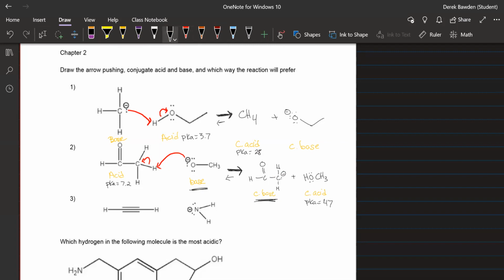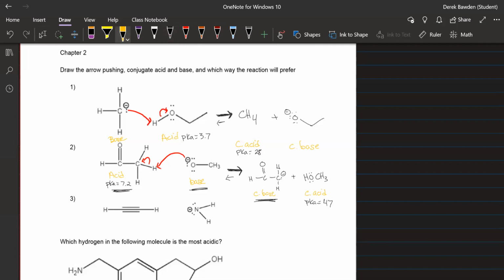That's actually what's happening, but he'll usually ask you based on the pKa's. That's why this pKa is lower. That's why this one's a stronger acid, because when it loses that proton, it becomes more stable.